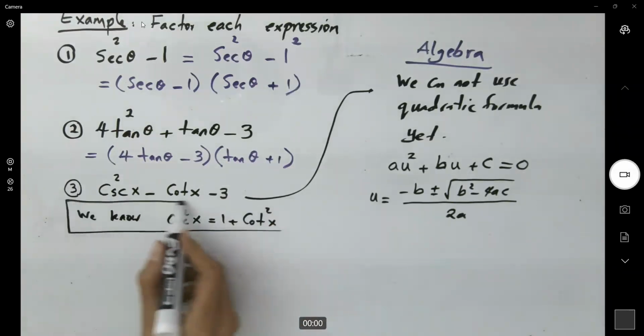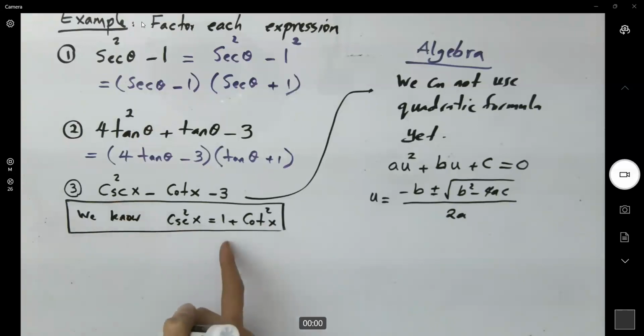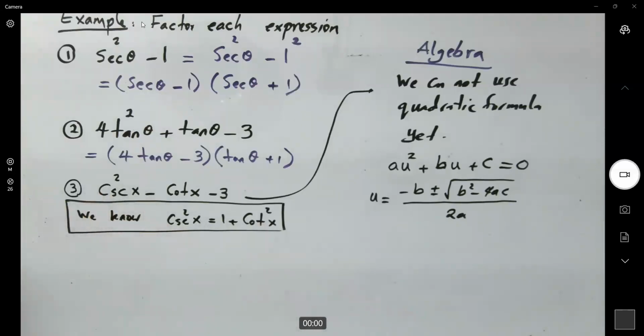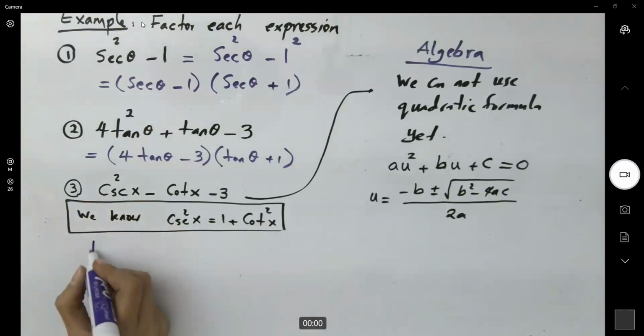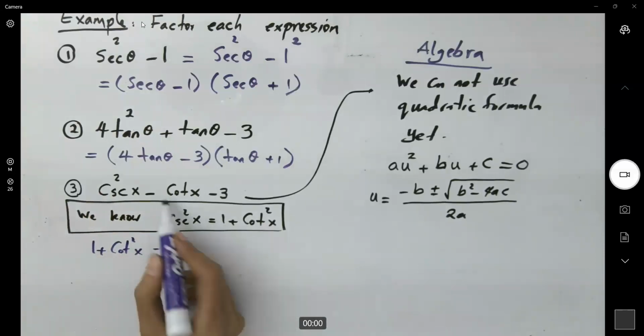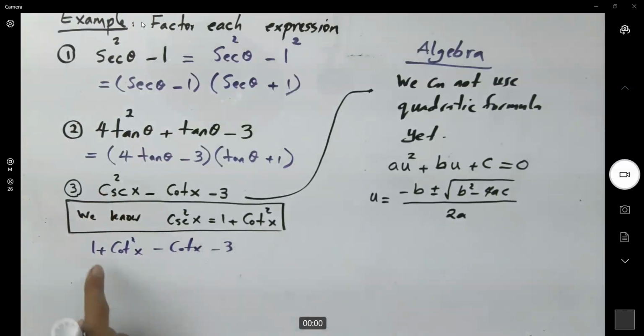So now wherever you see cosecant squared, replace that by 1 plus cotangent squared. So your expression becomes 1 plus cotangent squared of x minus, now just copy down, cotangent of x minus 3. Here you have two constants, combine them.